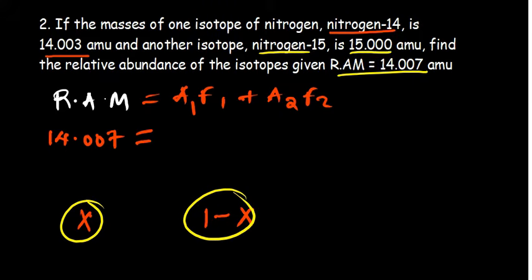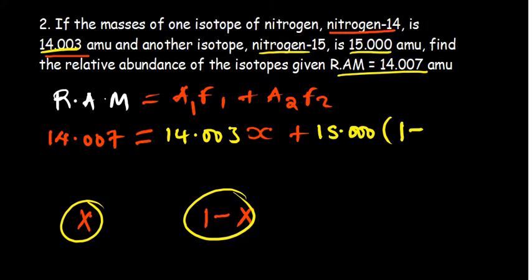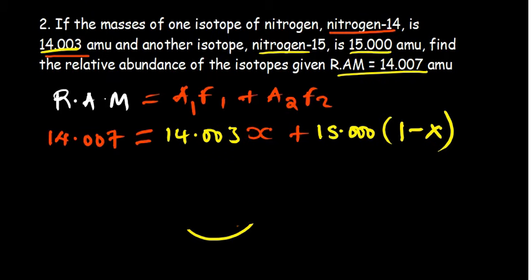So I'll start with nitrogen 14. Nitrogen 14, the actual atomic mass is 14.003. So consider that one to be x, plus the other one is going to be 15.000 as seen, and then it will be 1 minus x. Okay, so you use these. This is very important in terms of our calculations.